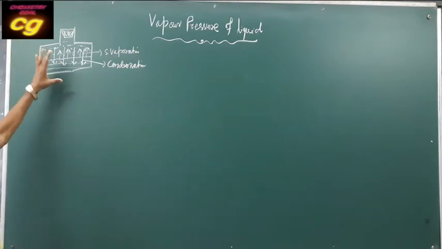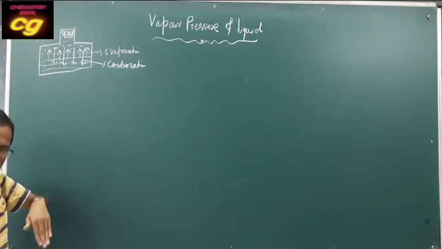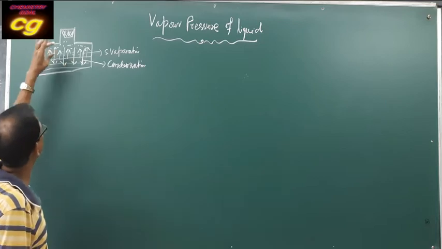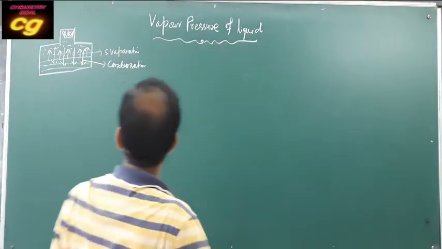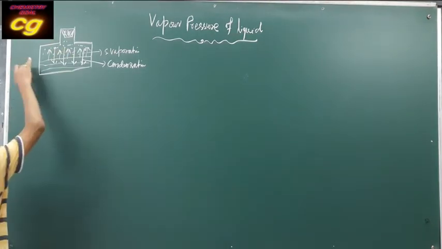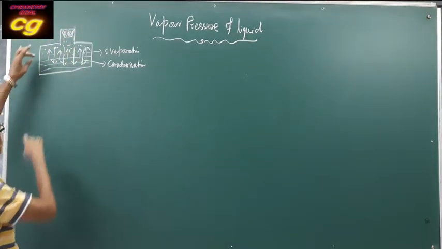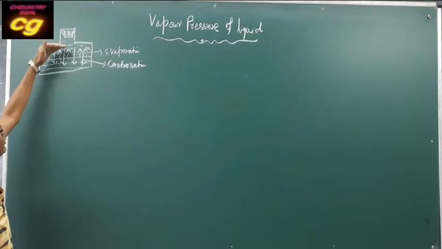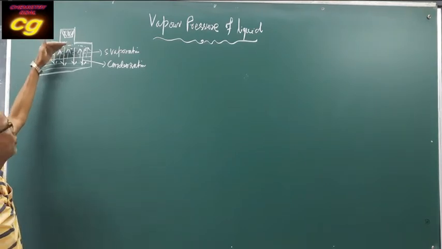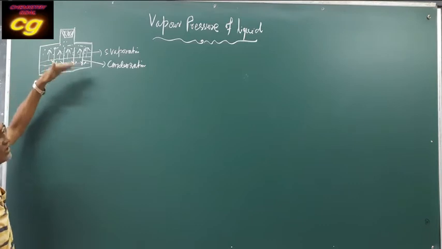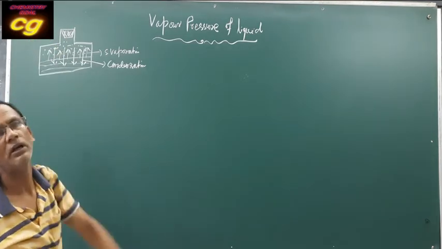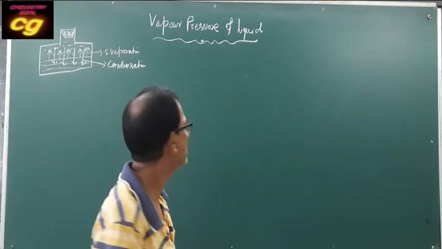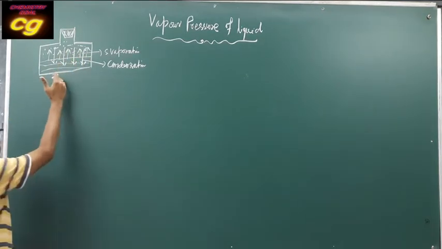This evaporation and condensation take place because the vessel is kept closed. As it is closed, vapor cannot go outside, so the concentration of vapor on the surface of liquid will be more. Then vapor molecules come back and are added again to the liquid.